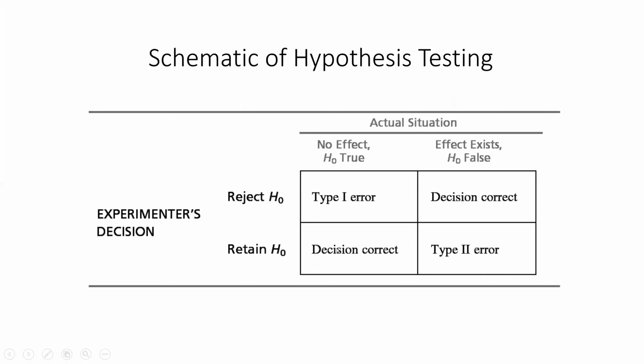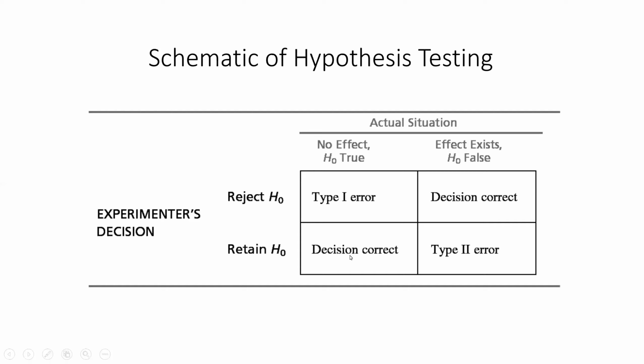If there is no effect between the treatment group and the control group in actuality at the hypothesized population level, then what should happen if the researcher makes a correct conclusion is that the researcher should retain the null hypothesis because the null hypothesis is true.